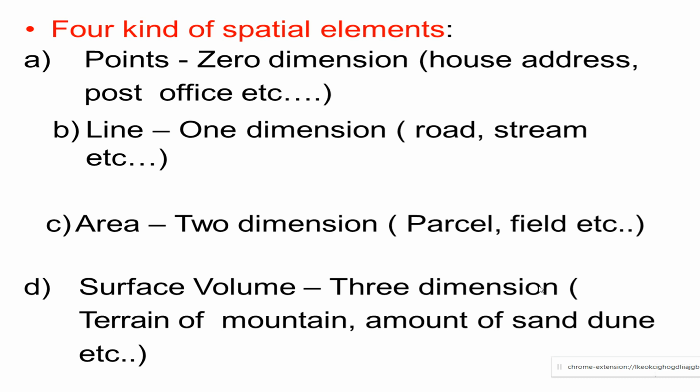A line is a one-dimensional feature having only length, like a road or stream. An areal feature is 2D, like a parcel or field. A surface volume is 3D, with x and y plus z, like mountain contours, sand dunes, or a valley.